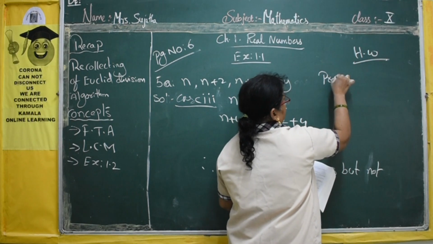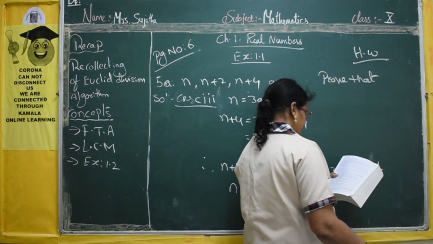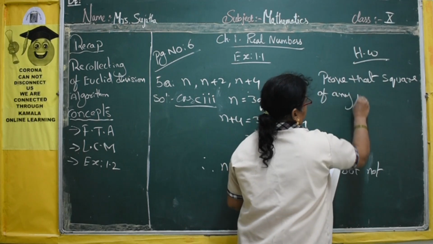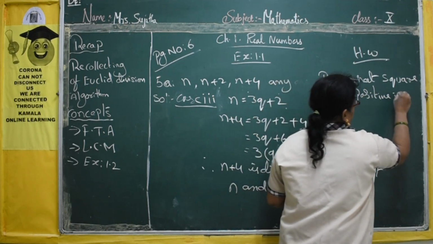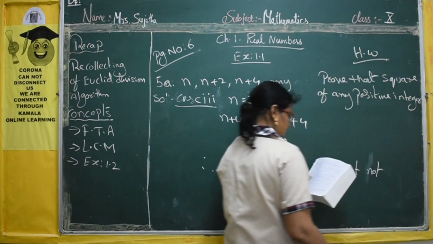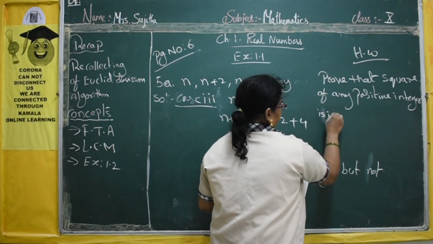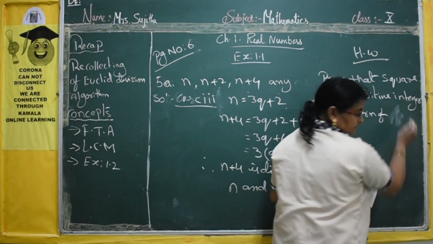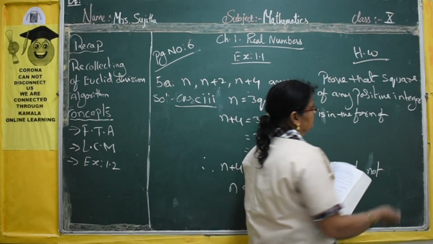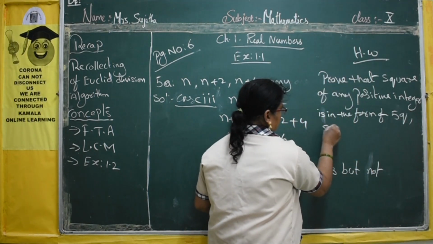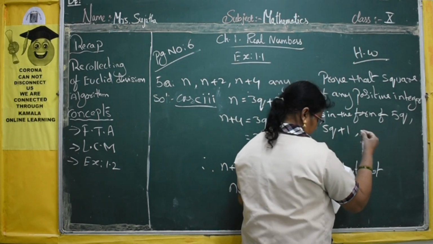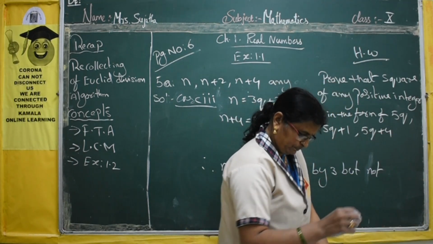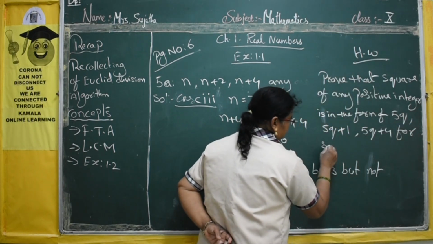Prove that the square of any positive integer is in the form of 5q, 5q plus 1, 5q plus 4 for some integer q.